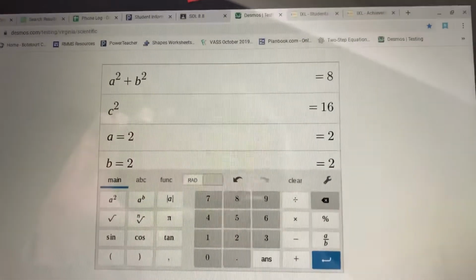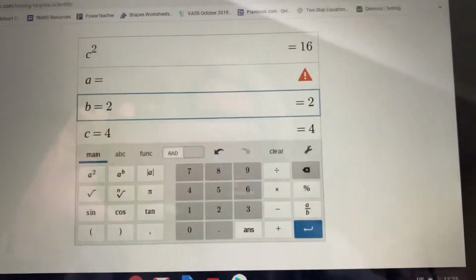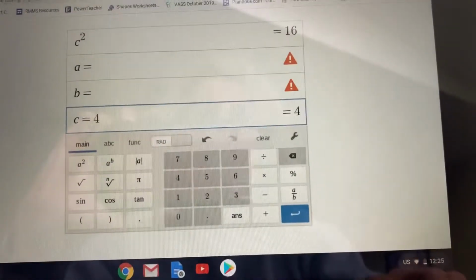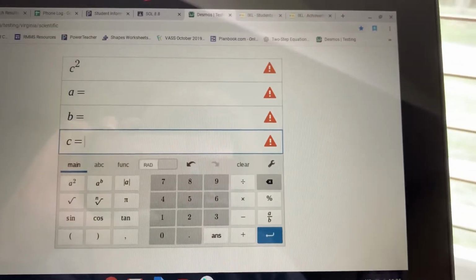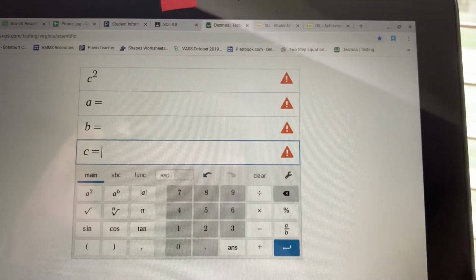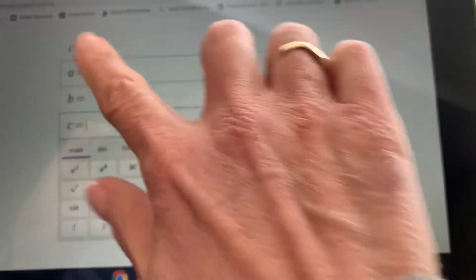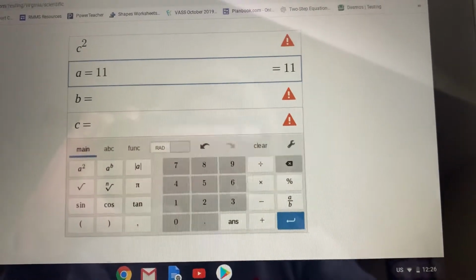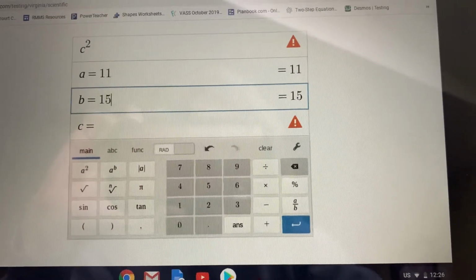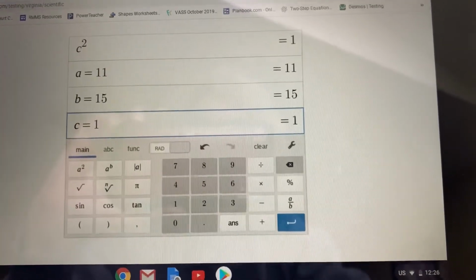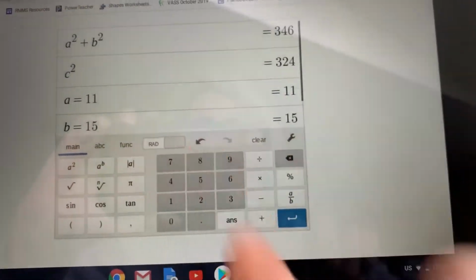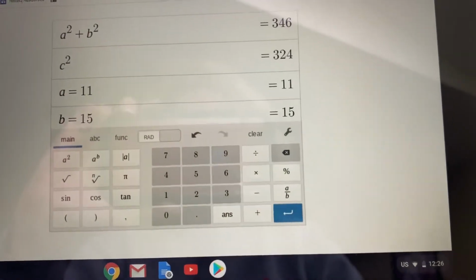All right, letter choice E. Let's see where we're at. Get rid of what we had. All right, E is another one that they're not in the right order, so we've got to do 11, 15, 18. So A is 11, B is 15, and C is 18. And we get 346 and 324, so that didn't work.